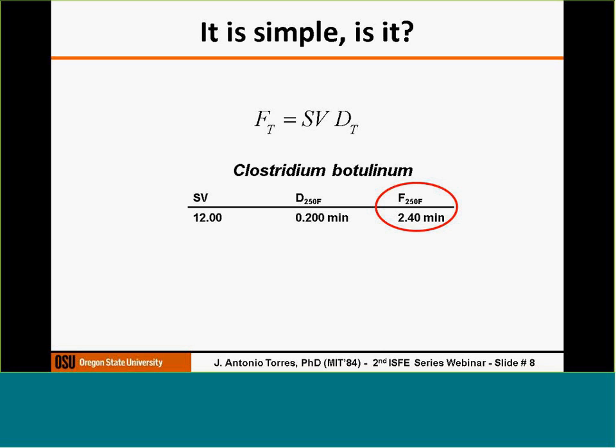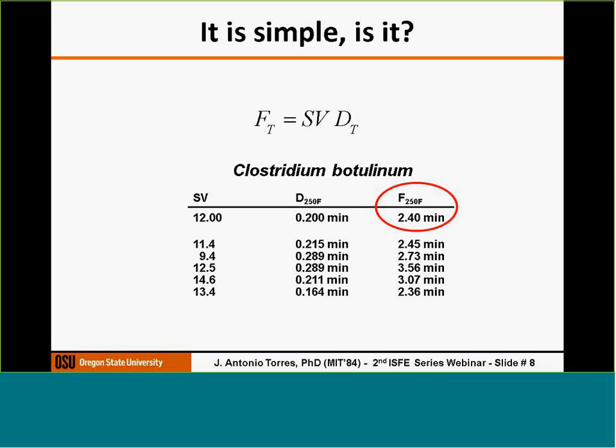But we decide to measure these SD values and these D values every time we process a batch of food, to see how much SD we really need to reach 10 to the minus 9. So we use those values of SD that we determine experimentally.